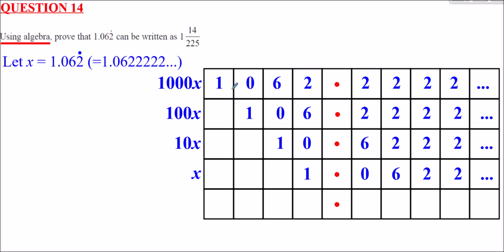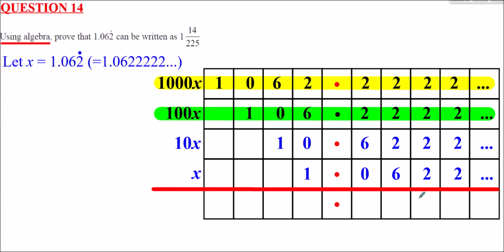Now, if I were to do 1000x take away 100x, that would be better, because all these 2s will cancel off. So if we think about this now, and do 1000x take away 100x, and we do our subtraction here at the bottom, then 1000x take away 100x will obviously be 900x.